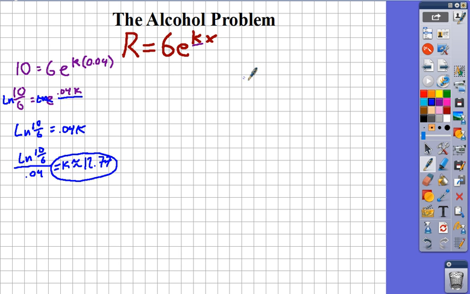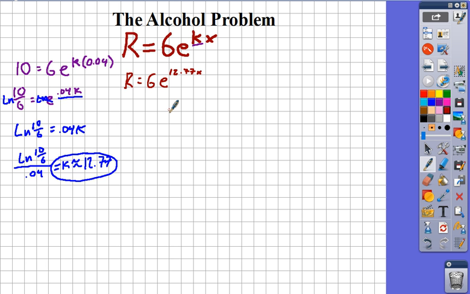Now that we have the k value, we can plug that back into the equation up here. So our equation is now actually R equals 6 times e to the 12.77x power. Now we've got our constant of variation. Now we can start solving some questions about this.